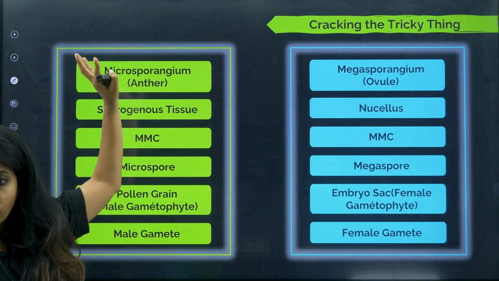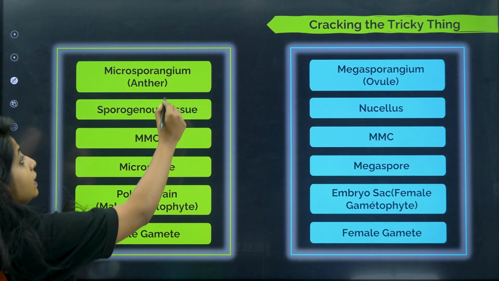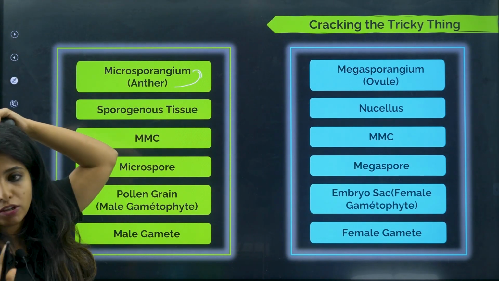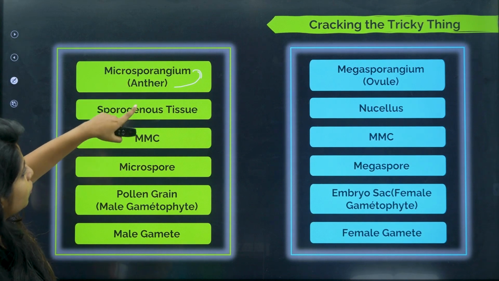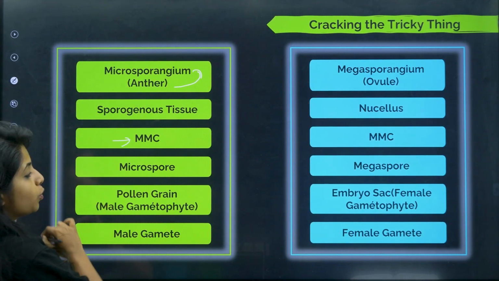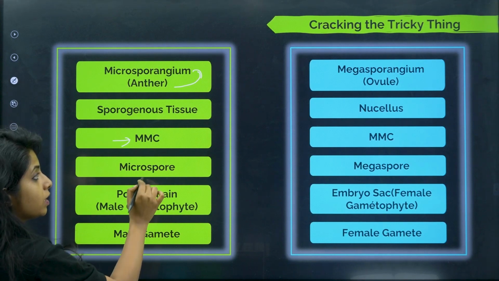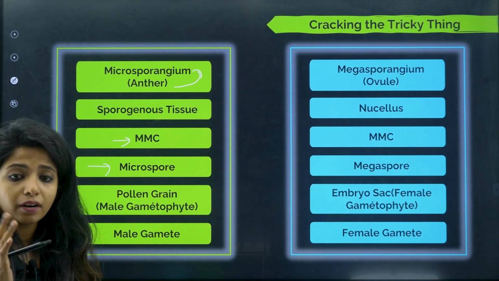So, in the case of the male side, the microsporangium was there, in the anther. In the anther we had the microsporangium. Now over here, what was happening? Sporogenous tissue is there. Sporogenous tissue has a microspore mother cell. Then the microspore mother cell will undergo meiosis to form microspores. How many of them? Microspore tetrad, 4 of them.